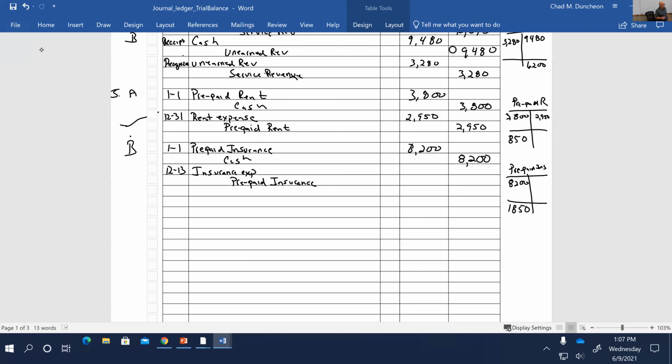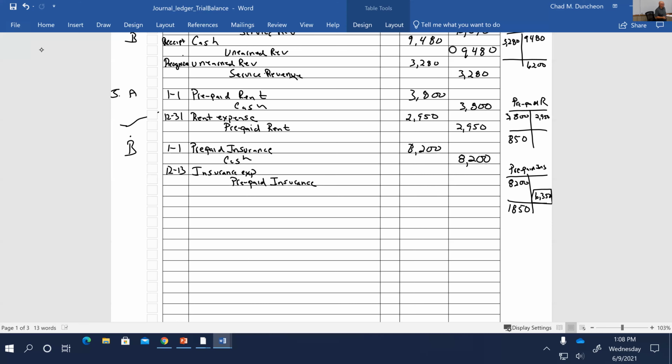So how much did we have to use in order to make that a true statement in our T account analysis? We need to put 6,350 onto the credit side in order to make our T account analysis balance out. It's not telling us how much we used, it's telling us how much we had remaining.